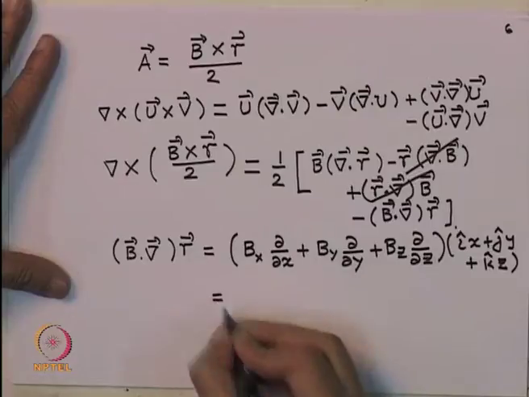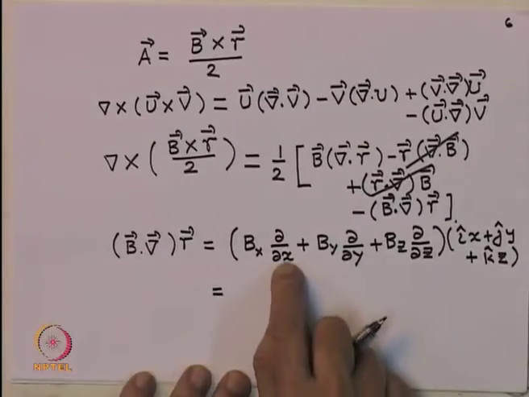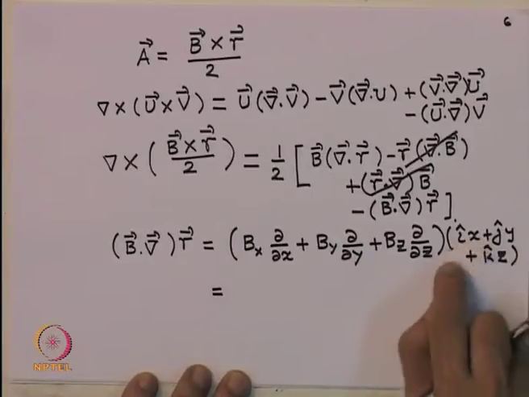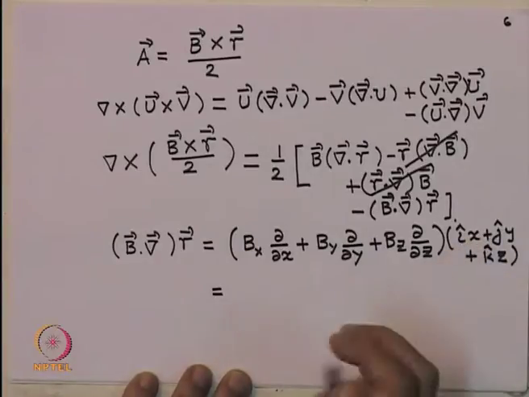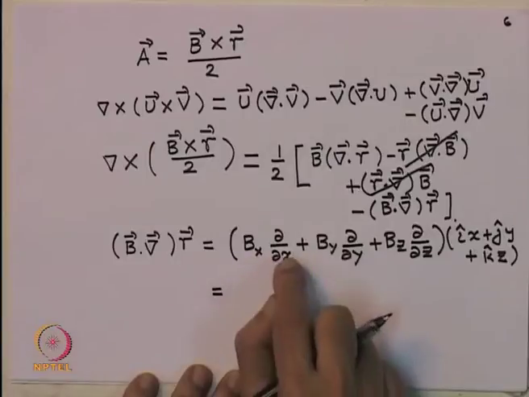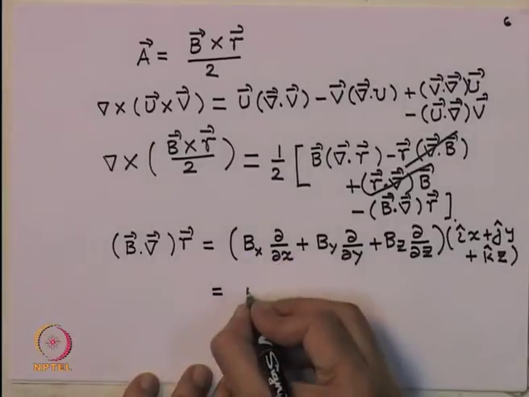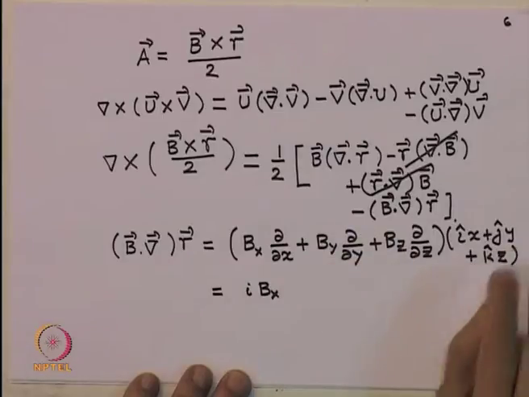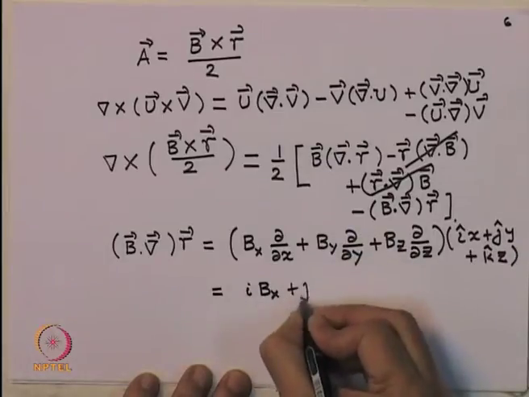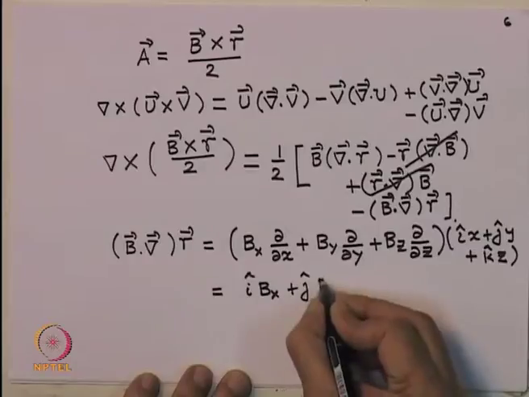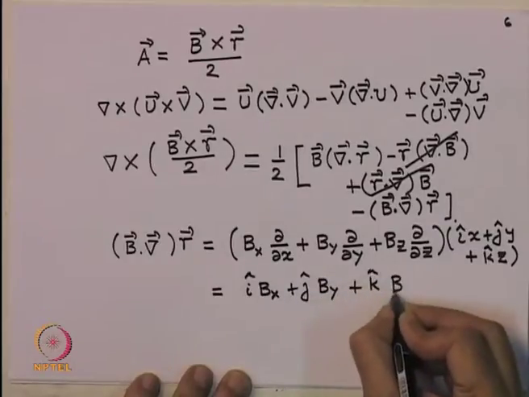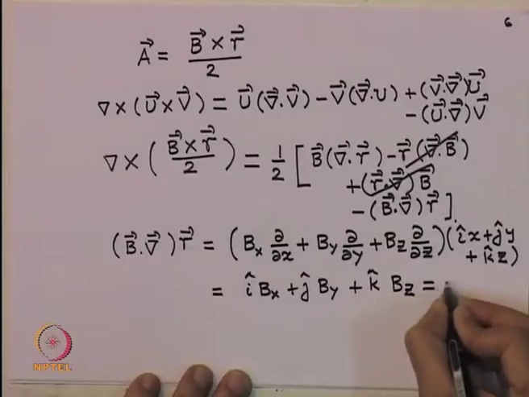So, this is equal to d by dx of this quantity gives me simply i, because only d by dx of x is important. So, that gives me i times Bx. Similarly, d by dy gives me By. So, that is j times By, and of course, k times Bz, which is nothing but vector B itself.